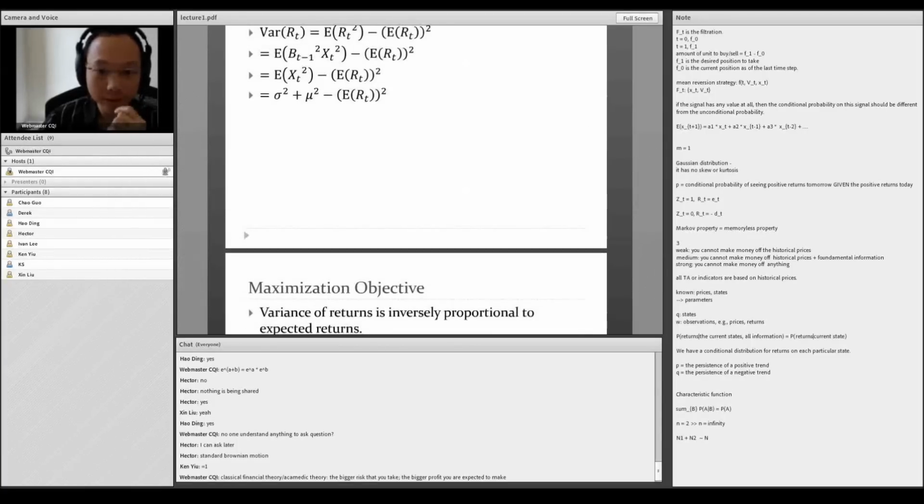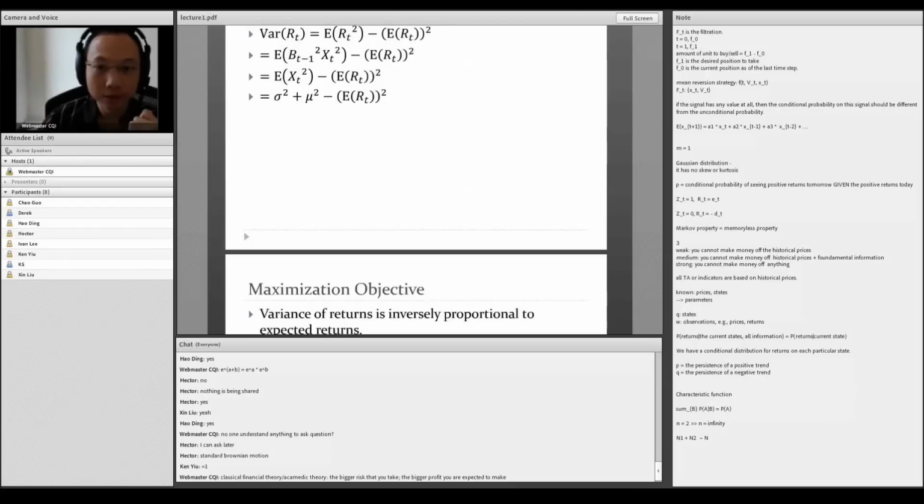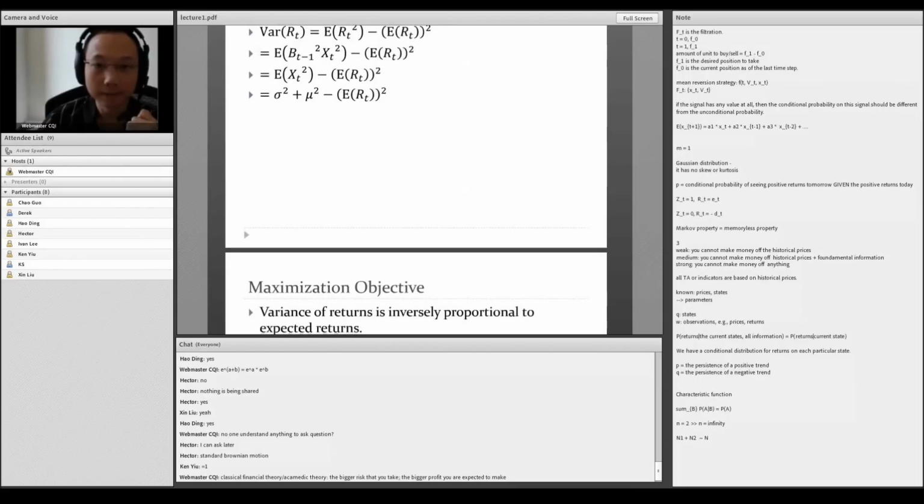The sign here is different. So if you flip it over here and then you put it over here, so the bigger risk that you take, and then so the bigger variance of R, the smaller the expectation of return. So right, yeah, correct.